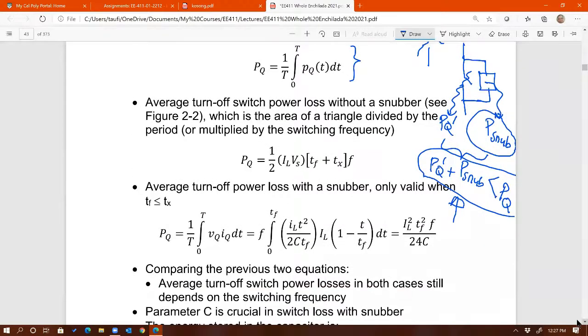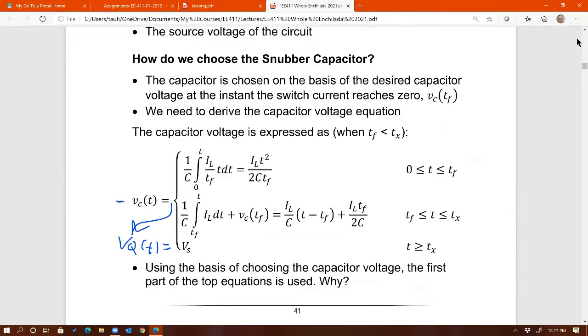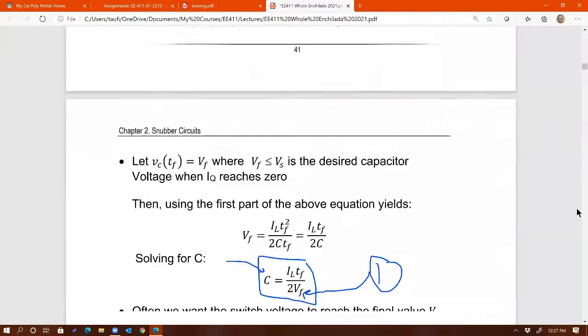Now for the case without the snubber, the loss on the switch, again, is strictly for turn-off. Oh, before I go there, sorry, let me go back first.